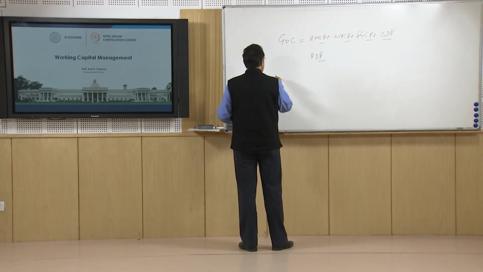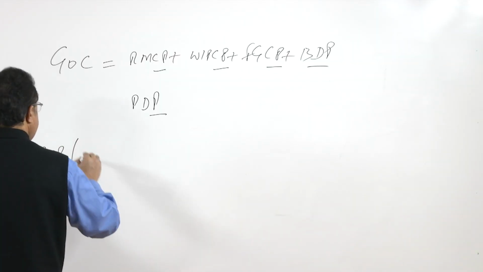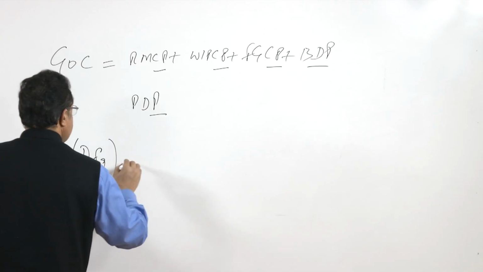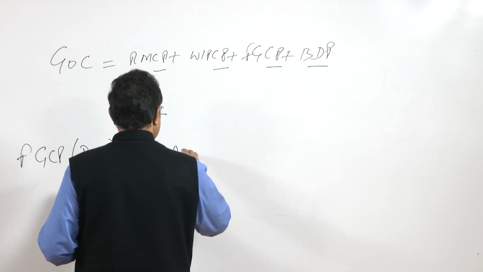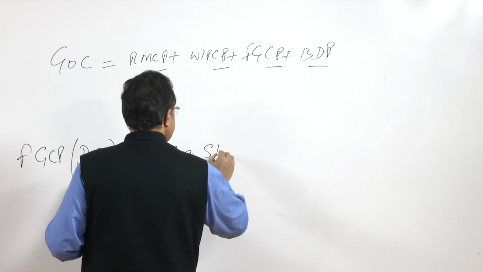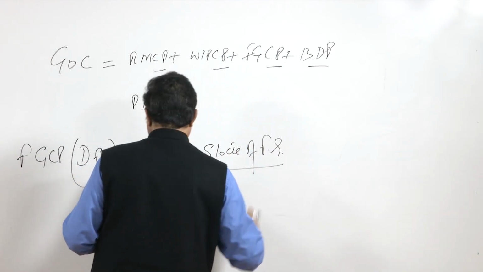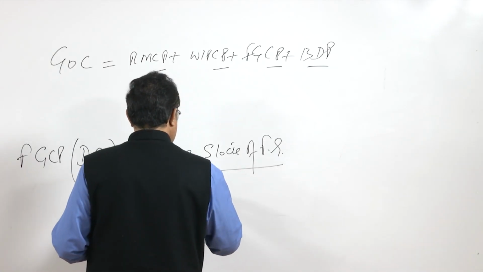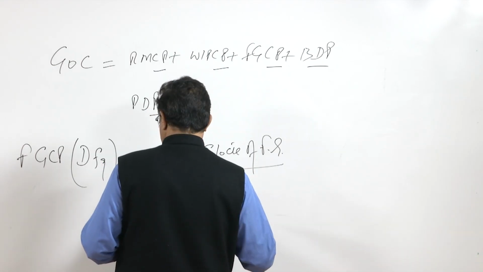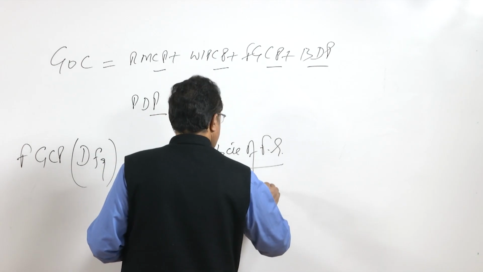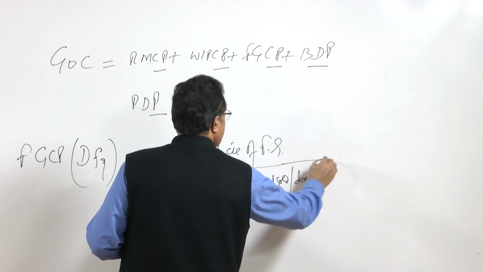So, it is called the FGCP, or you can call it the DFG, duration of the finished goods staying at the finished goods stage, that is average stock of finished goods divided by average cost of goods sold per day.